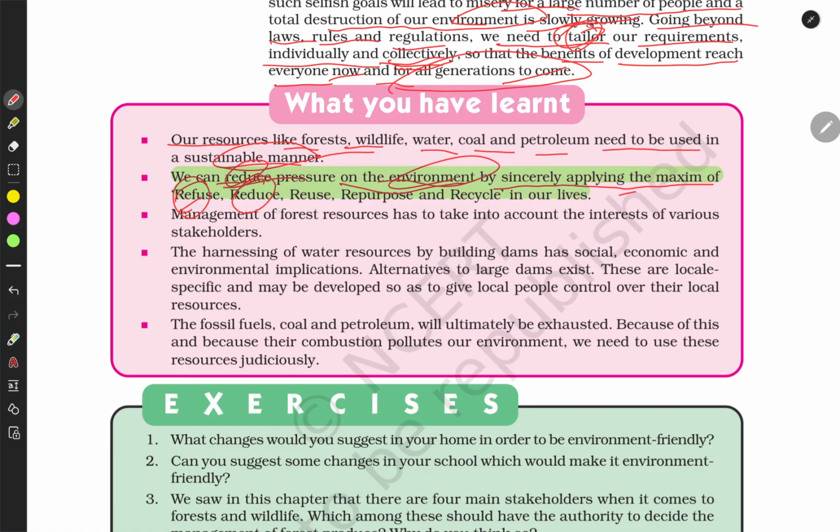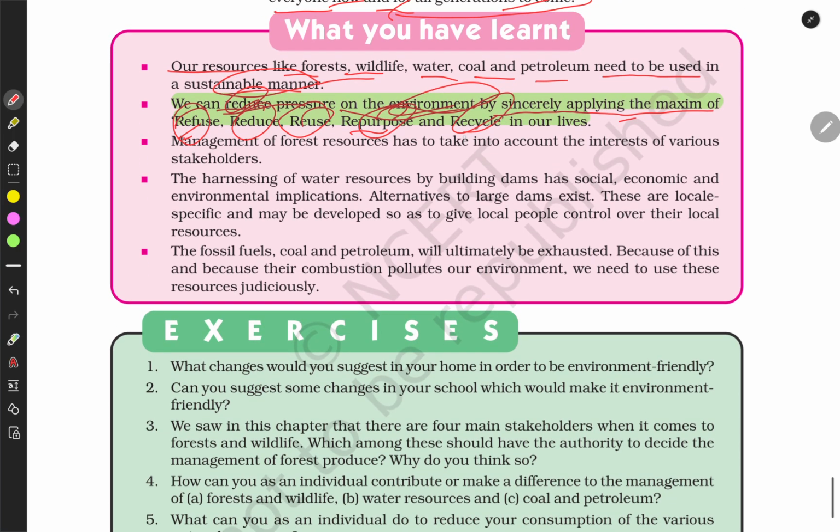Reduce is reducing the quantity. Reuse it again and again. And then repurpose: when one's purpose is gone, the product can be rethought and repurposed. Recycling is the recycling of waste, like plastics and papers.